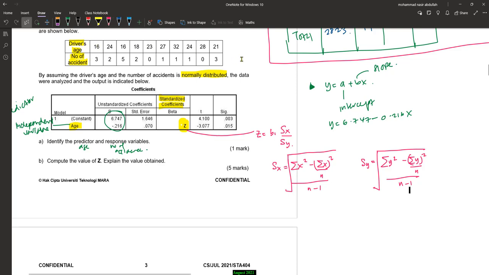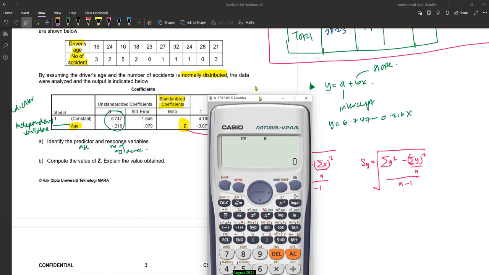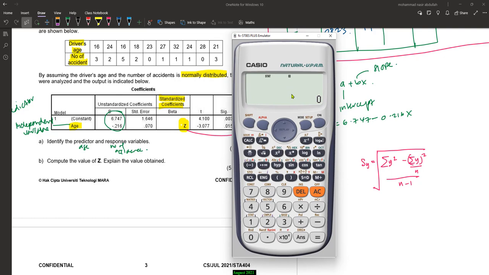You just key the data into the calculator and you will get the value. Key in the data in statistics mode. We know that this is x and this is y, so just key in. 16.